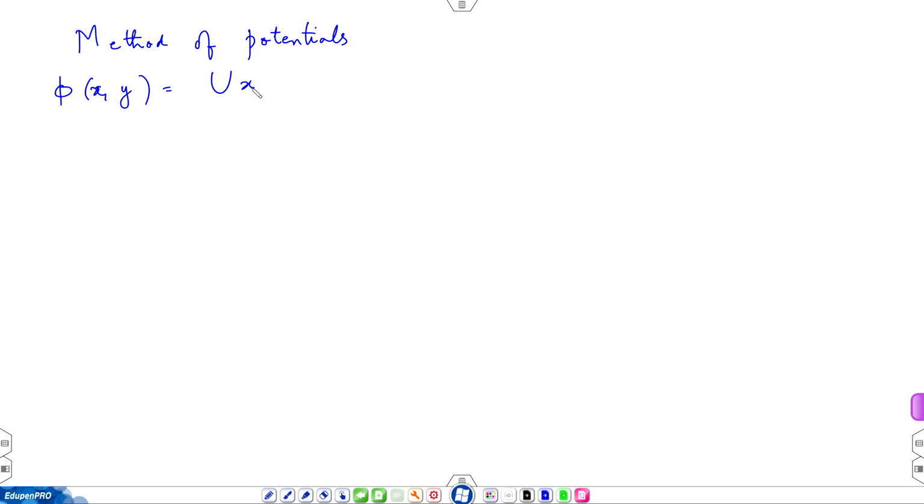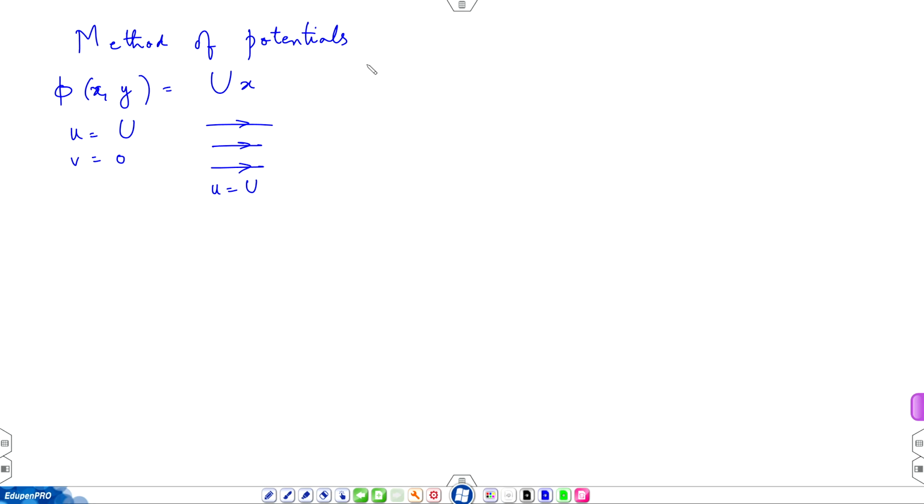I gave you this potential and we found that u is equal to capital U, v is equal to 0, which is just uniform flow along the x direction. U is the x velocity.